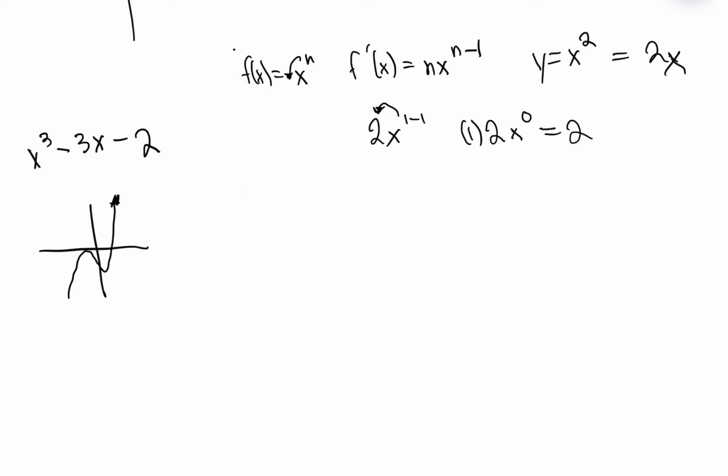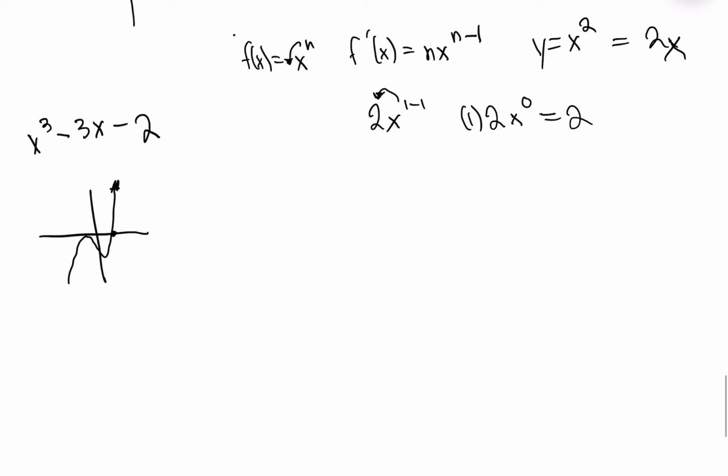Now, what is the equation of the line tangent to the point x equals 2? So let's go through this step by step. You differentiate x cubed minus 3x minus 2 to get 3x squared minus 3.